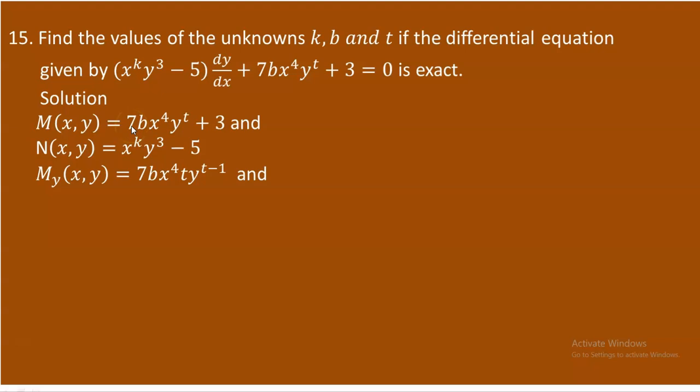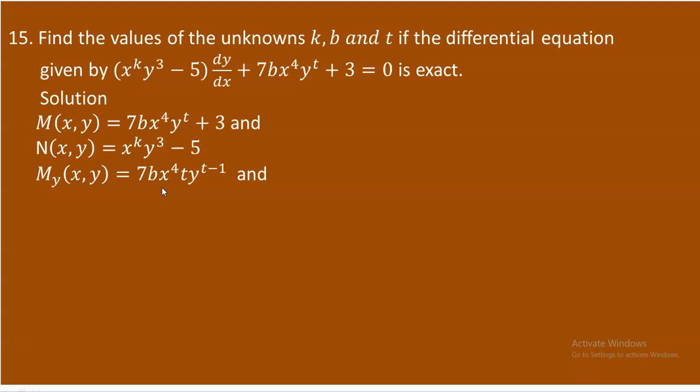We don't need to do anything on 7b x to the power of 4. Our interest is the partial derivative with respect to y, so we need to look for where y is. Here it is, so this has to be differentiated. When we differentiate, t comes down, and we deduct 1 from the exponent. So 7bt x to the power of 4 y to the power of t minus 1 comes. Since the 3 has no y, it will be 0.